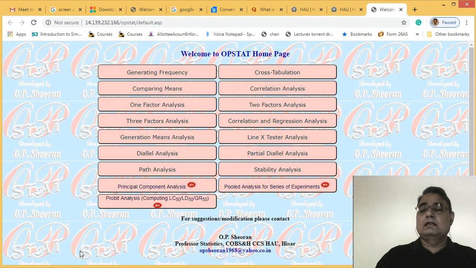We have multiple comparison test, post hoc test, and k-mean cluster analysis. So I think this is a brief introduction about OPSTAT, and you are now familiar with what module you should use to fulfill your research requirement.